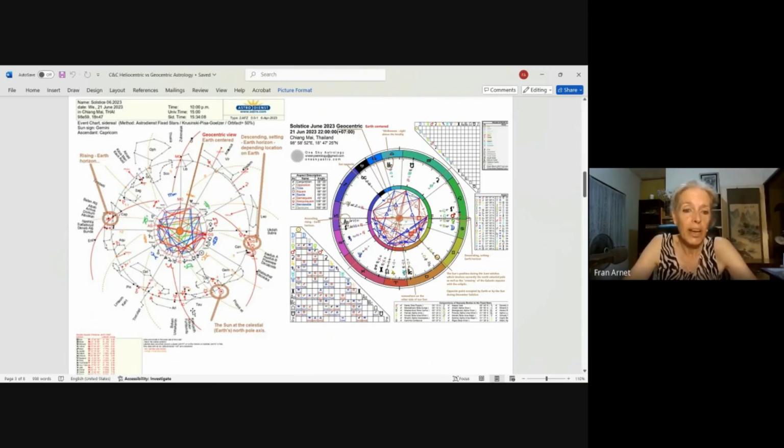And we have, as I said, the IC here, Imum Coeli, and we have the MC, the Midheaven. And so we have that polarity, if you want. The highest, the Midheaven, and the lowest, the IC. But everything is arcs.